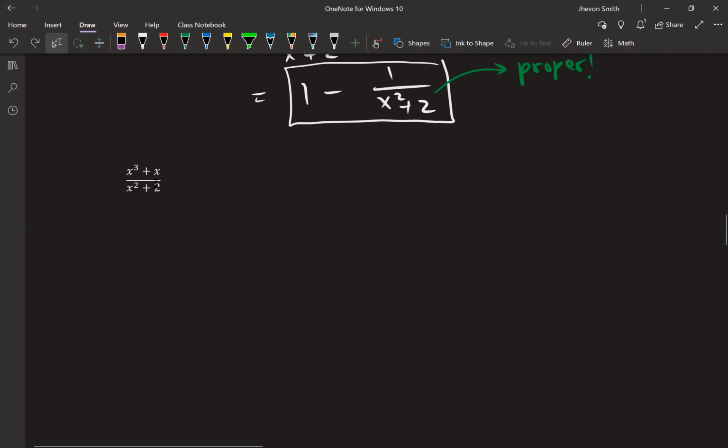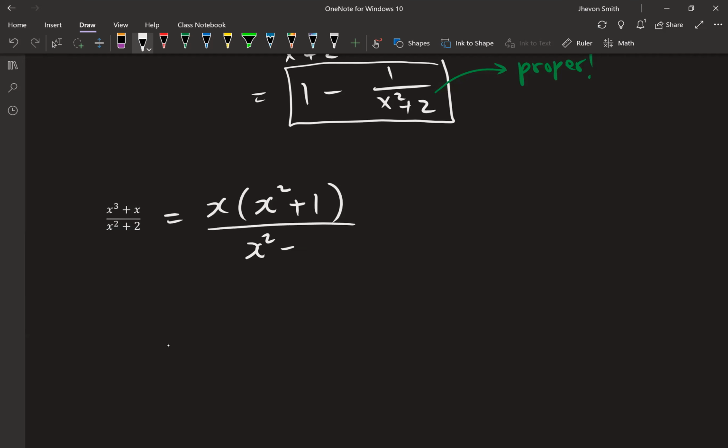Well, notice that x is a common term in the numerator. I can factor that x out. And again, I can do the same thing: add 2 and subtract 2.